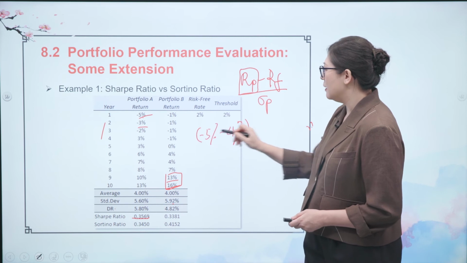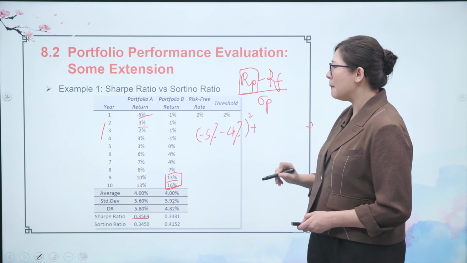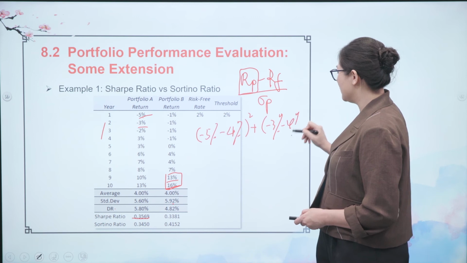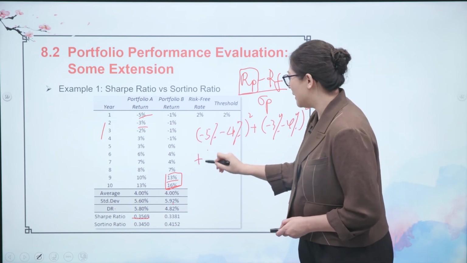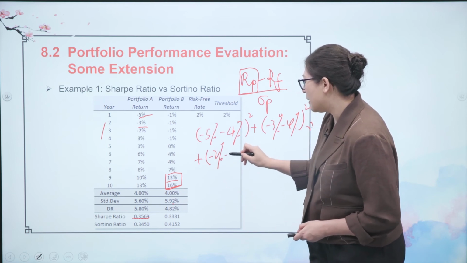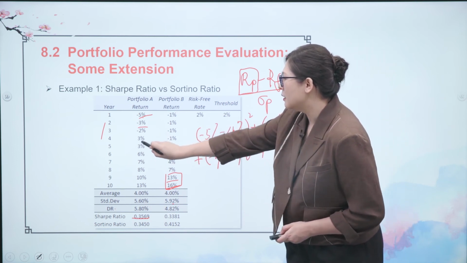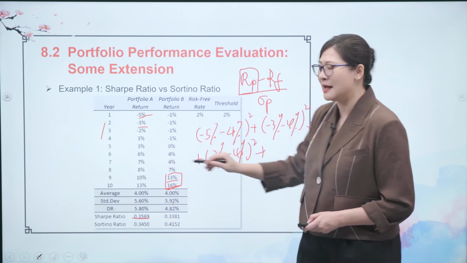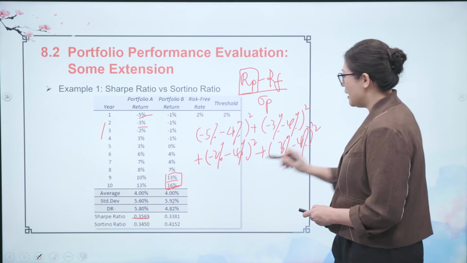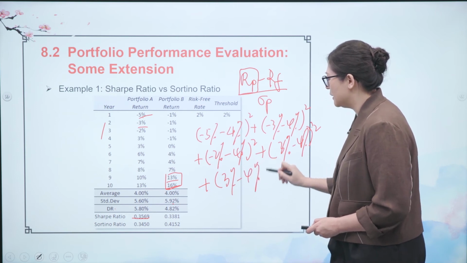So you use minus 5% minus 4% squared, plus the next one, minus 3% minus 4% squared, plus minus 2% minus 4% squared, and then another two are below 4%, so we have 3% minus 4% squared, and then the last one is also 3% minus 4% squared.